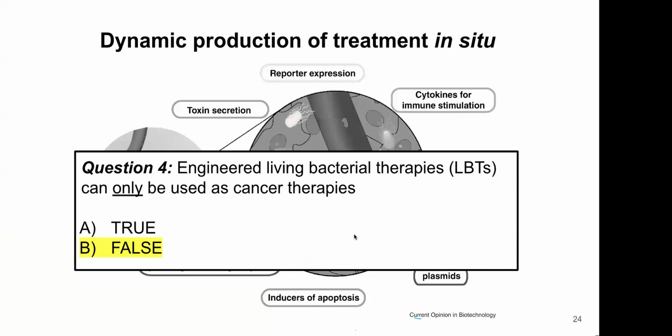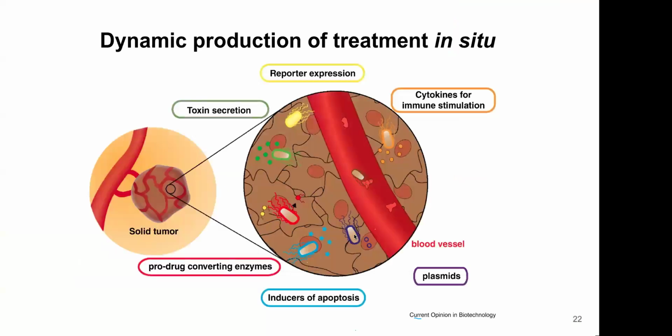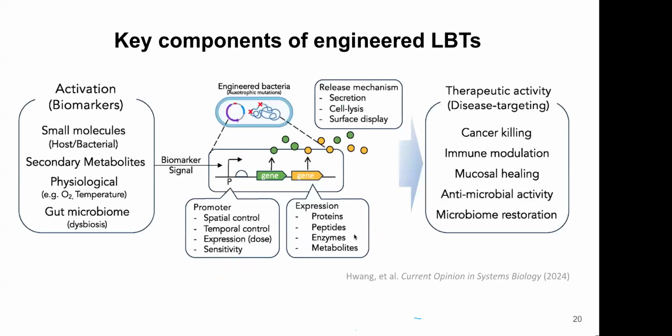In the previous slides, one of the possibilities of delivery and what would then eventually happen to the cell that is delivering it, the bacterium, which is the LBT, would be lysis.